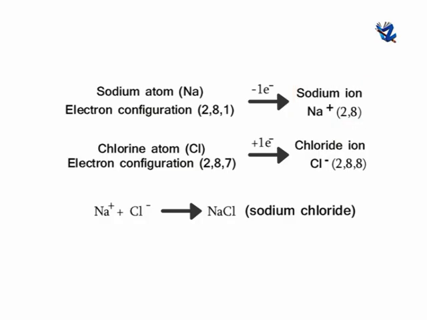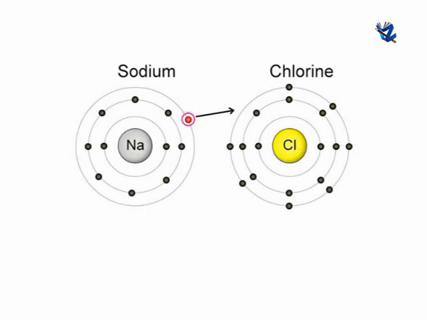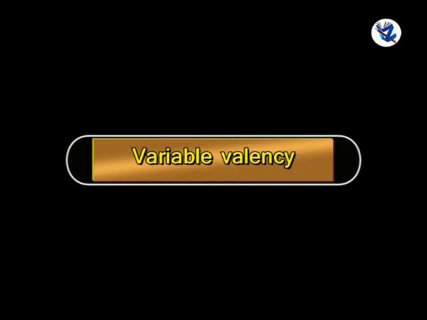Positively charged ions are called cations, while negatively charged ions are called anions. The electrons present in the outermost orbit of an atom are called valence electrons. The number of electrons that are given away or taken up is always a whole number, and therefore valency is always a whole number. Then variable valency.